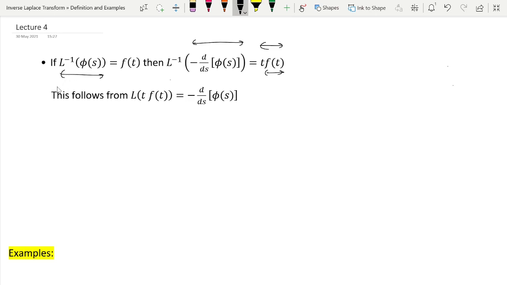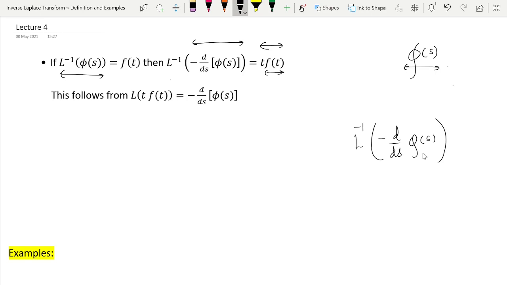Now the question is when we can use this property. Suppose the question asked to us is to find the inverse Laplace transform of phi of s, and if you feel that finding the inverse Laplace transform of the derivative of phi of s is much simpler, then we will go for this property.